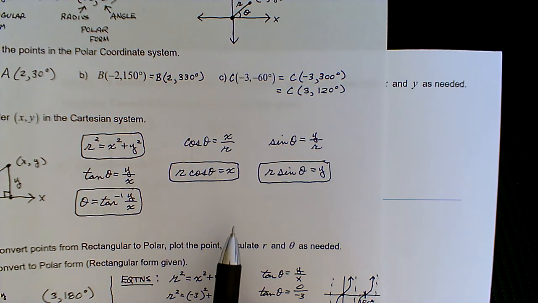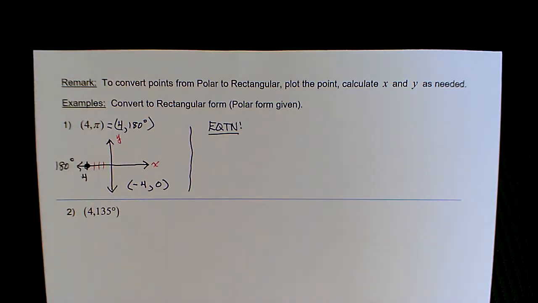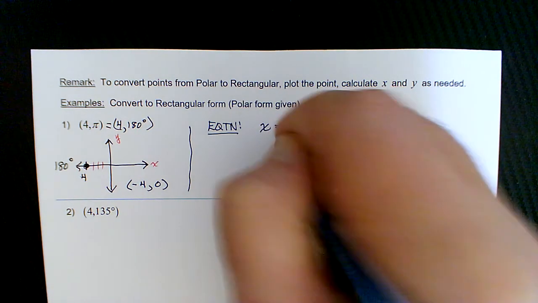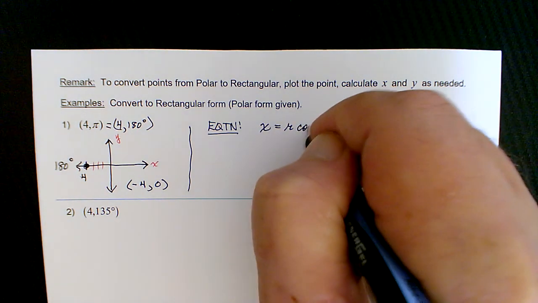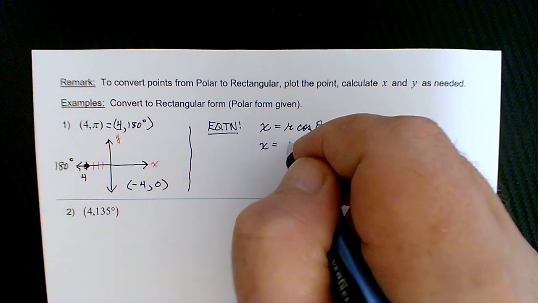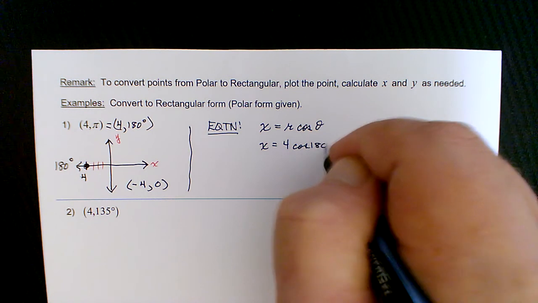So x is r cosine theta, y is r sine theta. These equations always work really easily, because all you have to do is plug in the value of r, which is 4, and the angle, cosine 180.